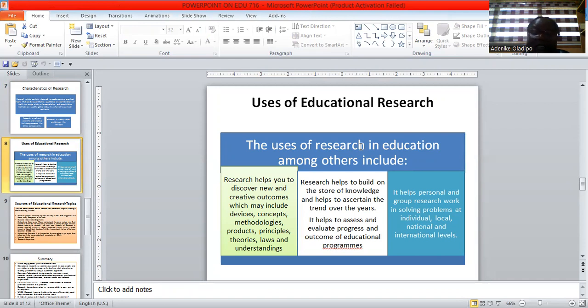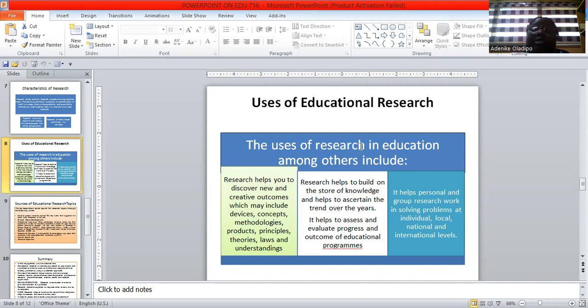It helps to assess and evaluate progress and outcomes of educational programs. For us to know how we're progressing in education, we have to carry out research. How are the strategies that we use in teaching in the classroom? How do we get results?